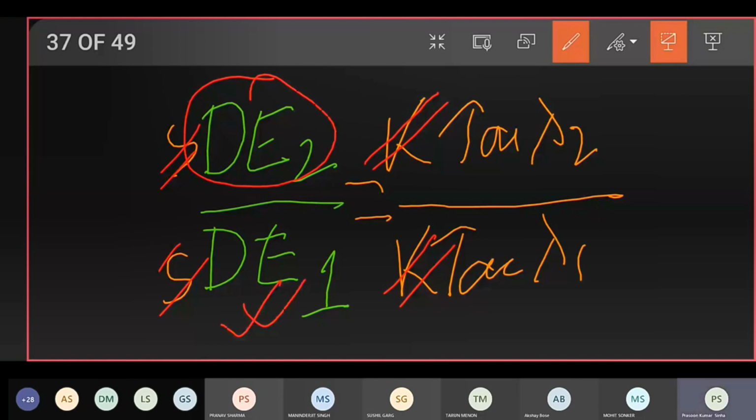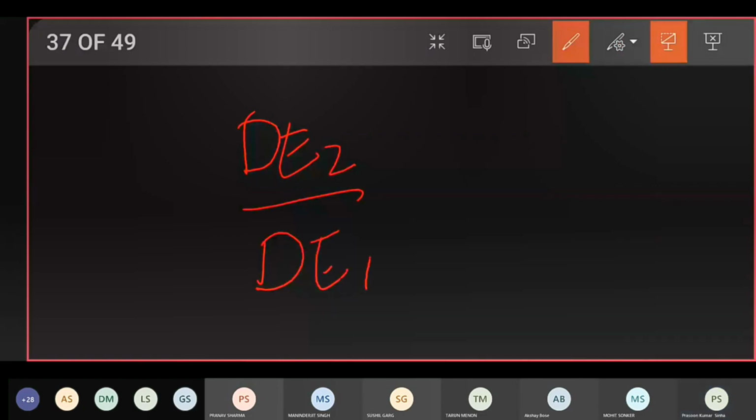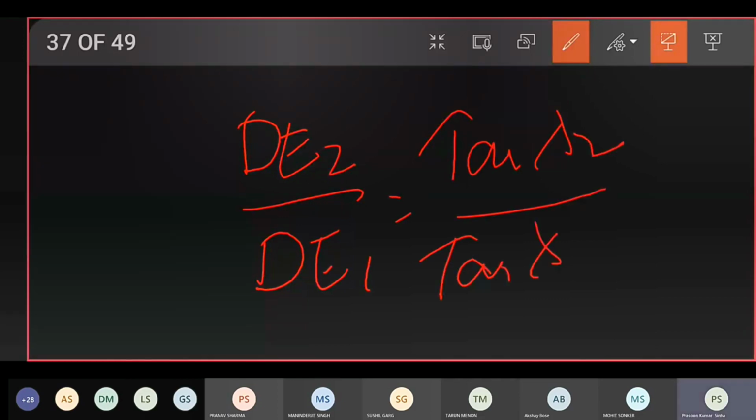You don't know the value of DE2, the value of DE1 is given at a given latitude, and latitude 2 is given to you, asking what the DE will be at this latitude. So we can have a simple formula, DE2 by DE1 is equal to tan lat 2 by tan lat 1.